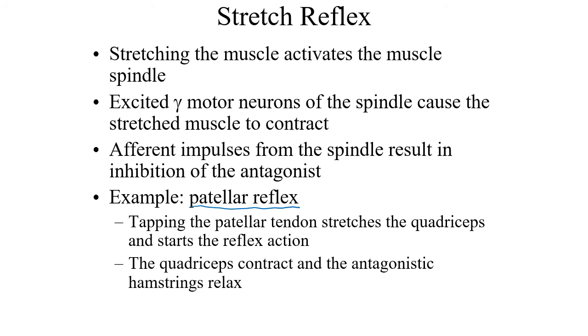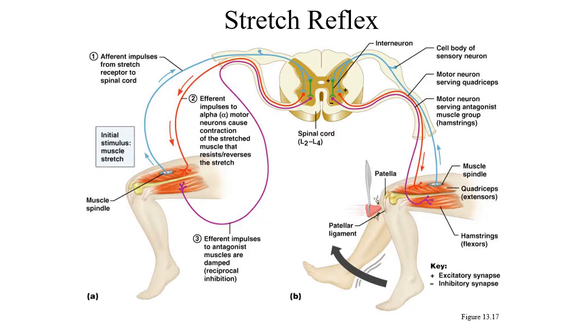And so it's going to be able to contract and shorten the muscle because we've lengthened it very quickly. So a quick little tap on the patellar tendon then causes the muscle to start to shorten. So it sends signals into the cord, and it's going to cause the quadriceps to start to shorten, and it's going to allow the antagonistic muscle, the hamstrings, to start to lengthen. And so it's going to inhibit those hamstrings, and it's going to excite the quadriceps.